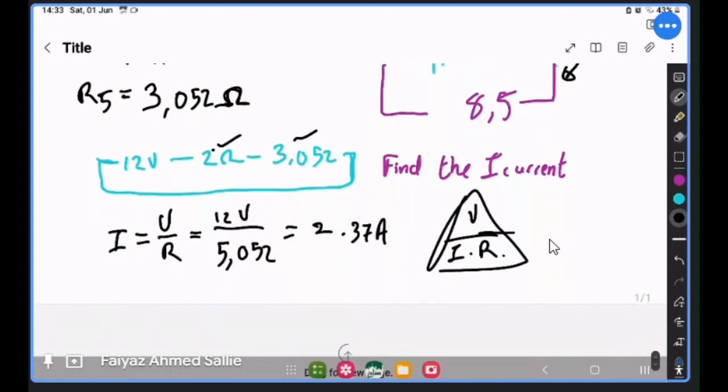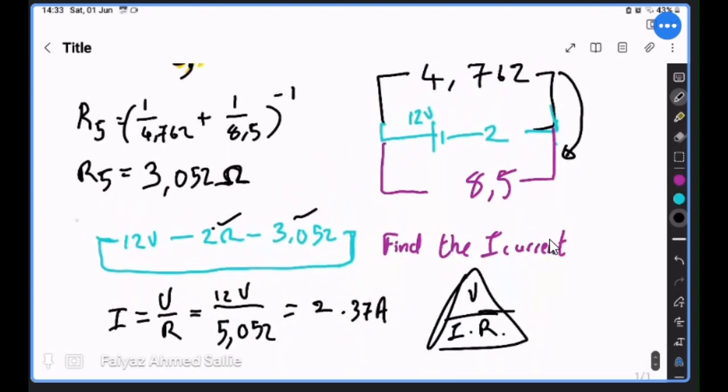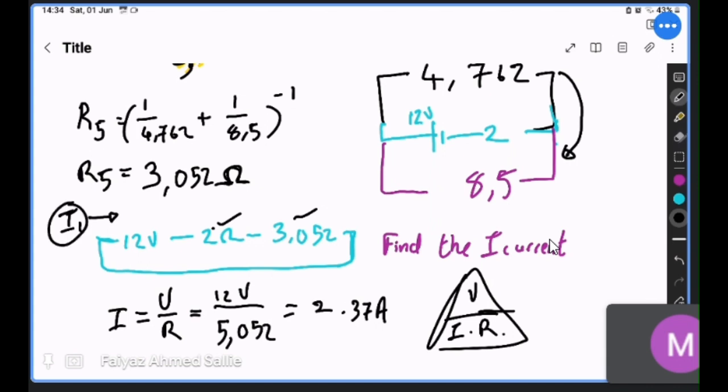So that there is our I1 flowing through the circuit.